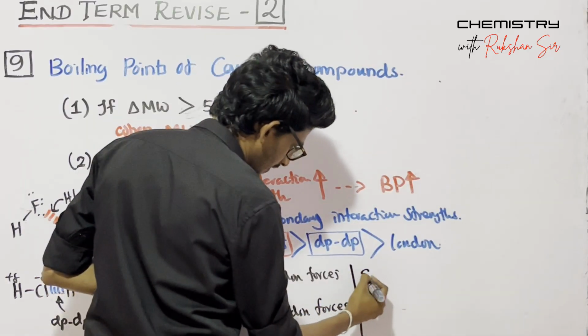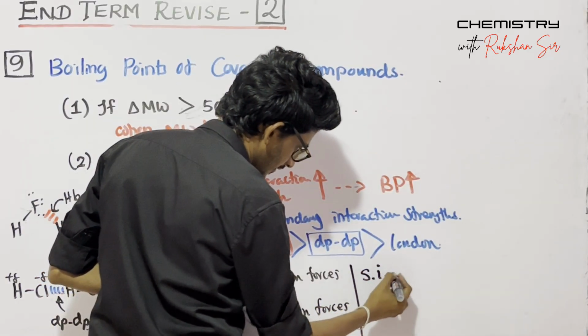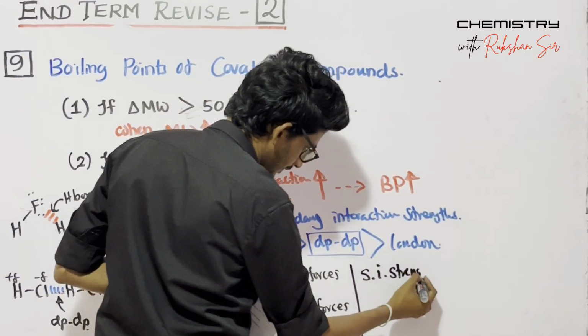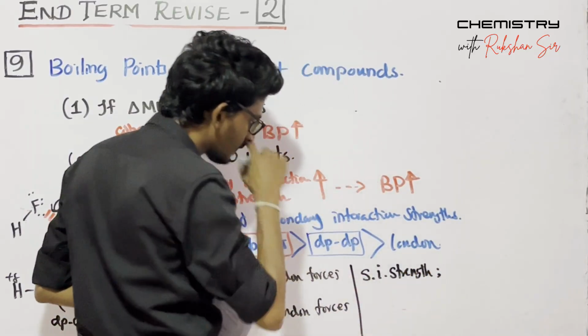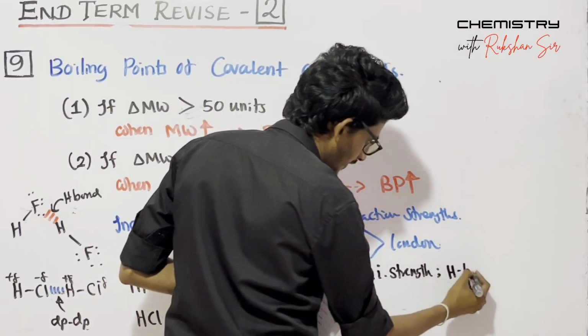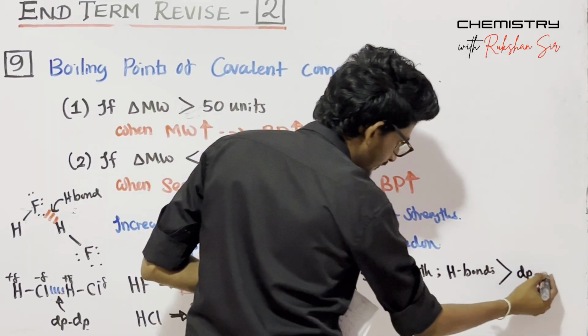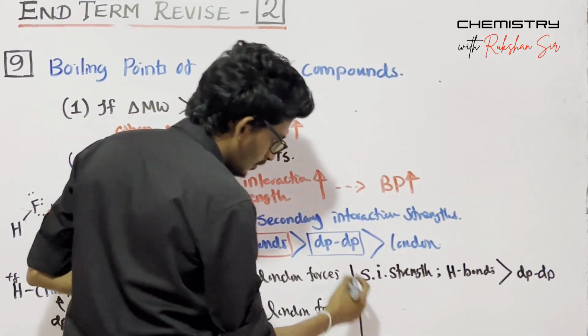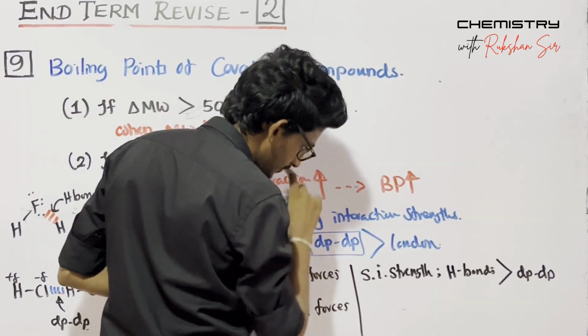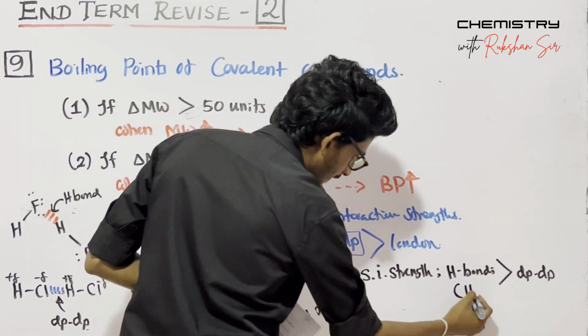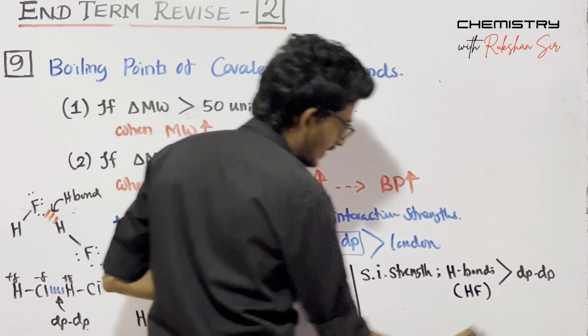So the secondary interaction strength of hydrogen bonds is greater than dipole-dipole. So the secondary interaction strength of HF is greater than HCl.